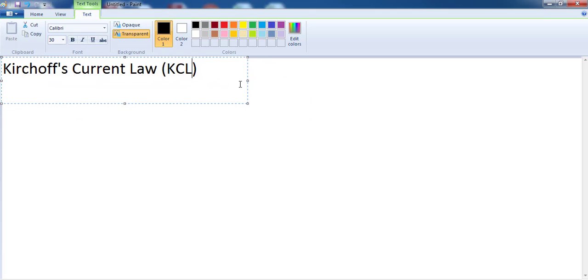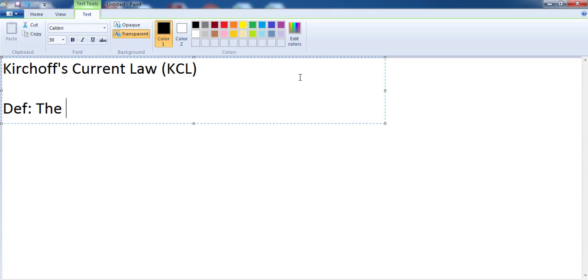Okay. What is Kirchhoff's current law? Definition. Let's write the definition first. The algebraic sum of currents at any node is 0.